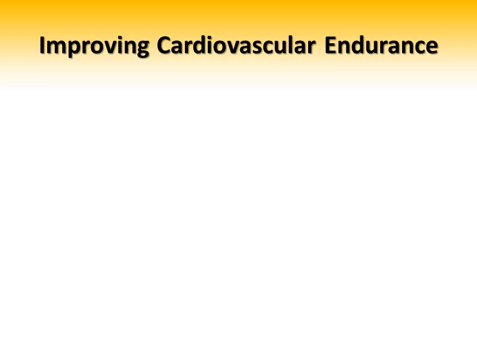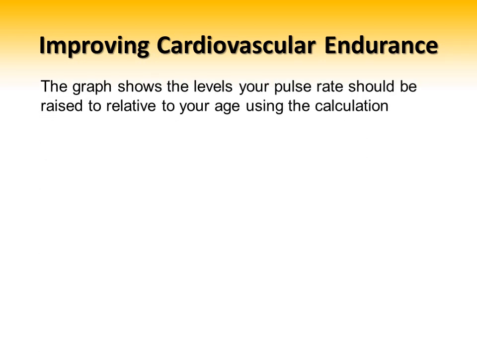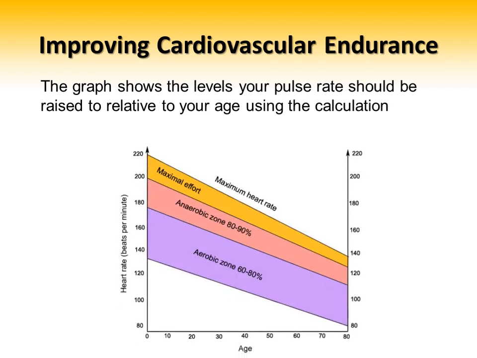So, improving cardiovascular endurance. Cardio meaning the heart, vascular meaning the blood vessels, with the heart and lungs working together, and endurance meaning going for a long time. The graph shows the levels your pulse rate should be raised to, relative to your age, using the calculation. On the left hand side we've got the heart rate, that's the beats per minute, how many times your heart beats per minute.